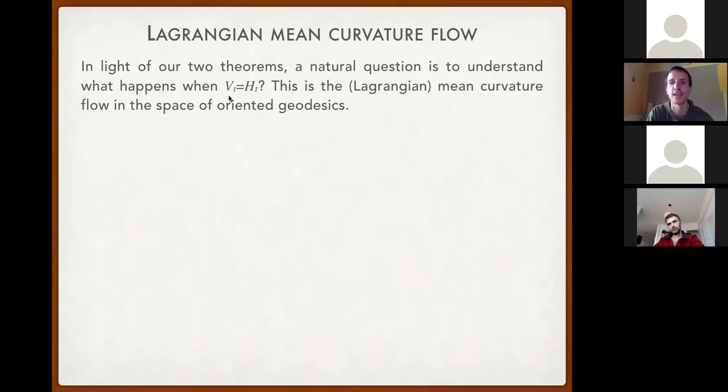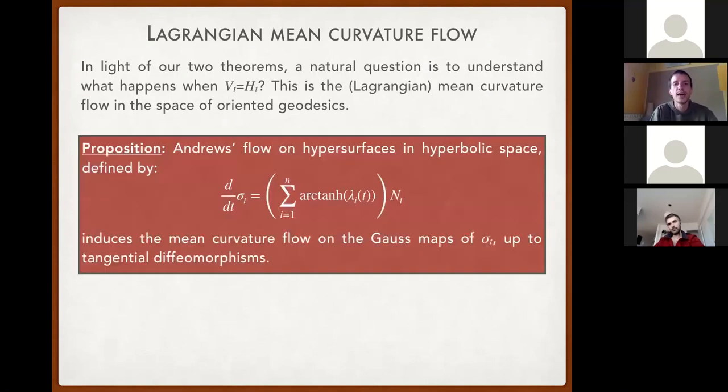And now the natural question is, what happens if we take this deforming vector field of our homotopy to be exactly a mean curvature vector field, and this gives the mean curvature flow in the space of oriented geodesics, or more precisely, the Lagrangian mean curvature flow. And this is what relates with the flow which was suggested by Ben Andrews.